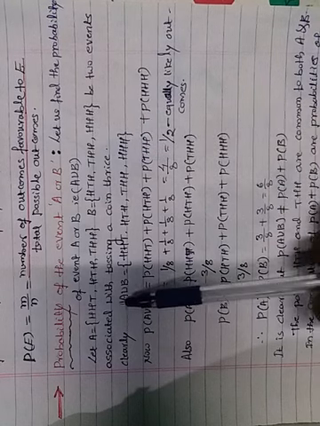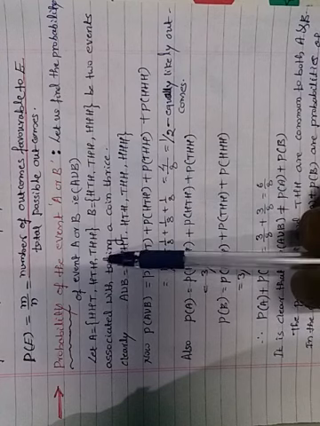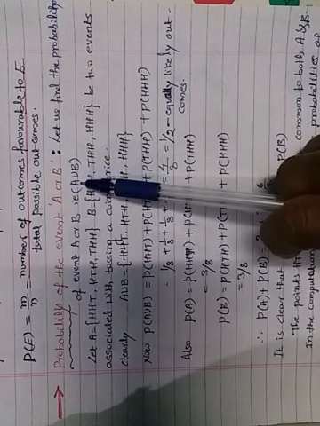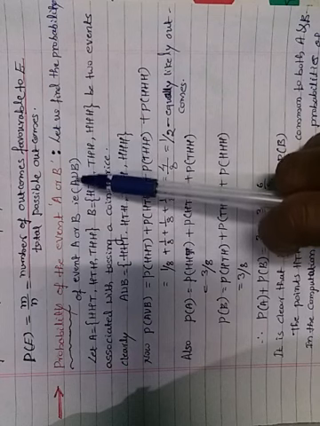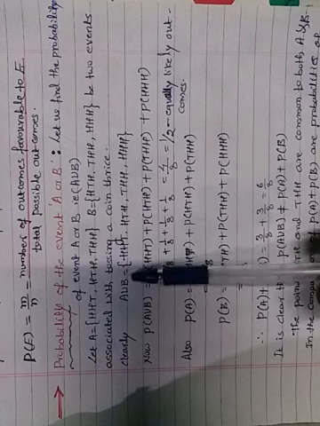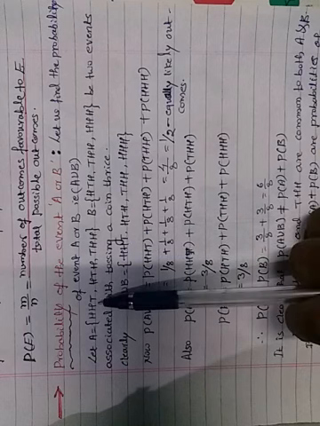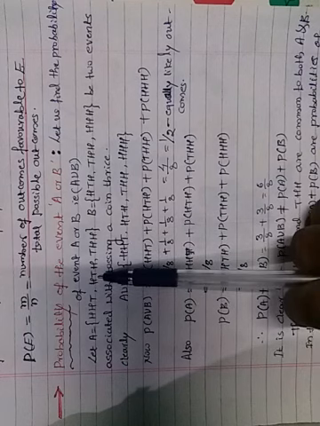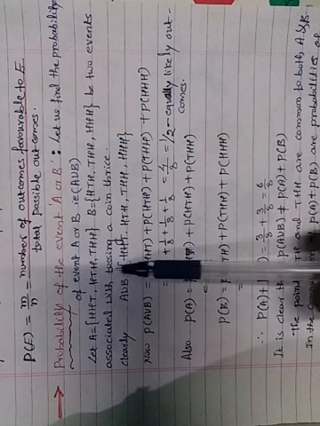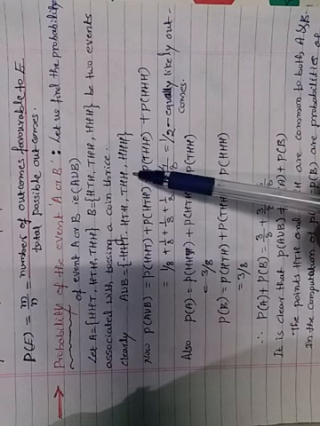A and B are the two events associated with tossing a coin thrice. What happens here? We have set A and set B, and we can form A union B. A union B equals HHT, HTH, THH, HHH. Whatever outcomes belong to set A, first we should write in this set.